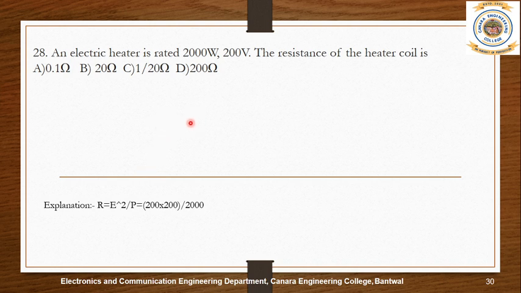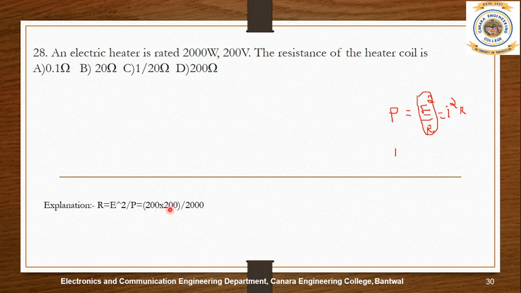P is equal to E square by R, or it is also equal to I square R. But here the given power and voltage, so I am using this formula, E square by R. So from this, R is equal to E square by P.